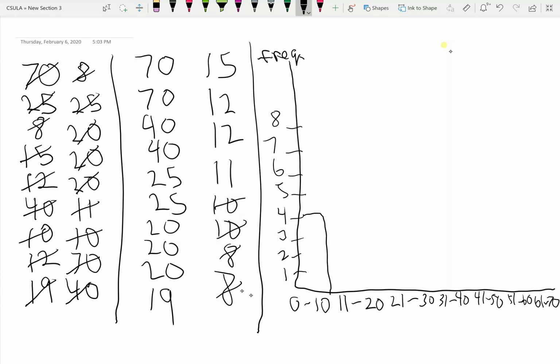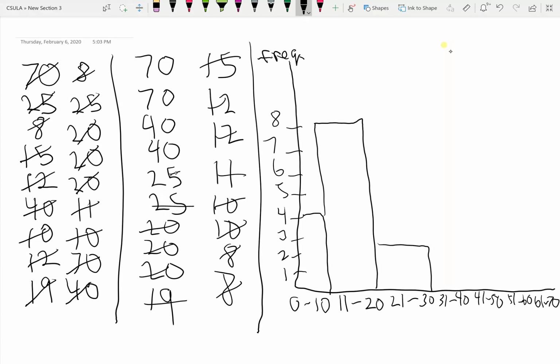How many fall from 11 to 20? 8. 8? 21 to 30? 2. 31 to 40? 2. 41 to 50? 7. 51 to 60? 61 to 70? 2.